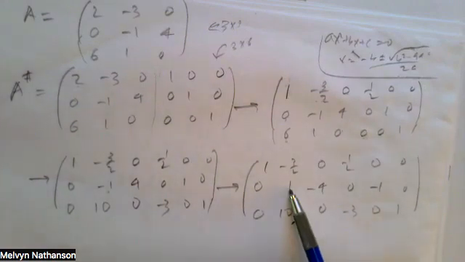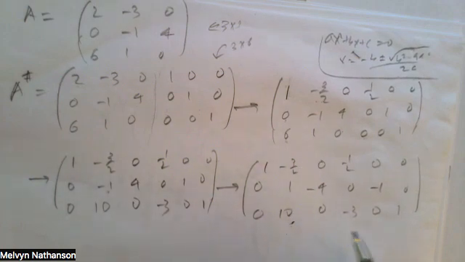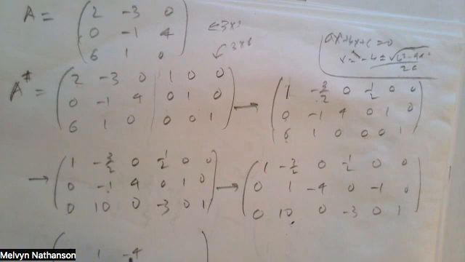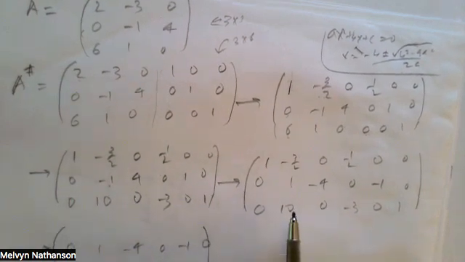Then in this 1, in the column with this 1 in the second row, I want the numbers above and below it to be 0. So I have 0, 1, minus 4, 0, minus 1, 0 is the second row.